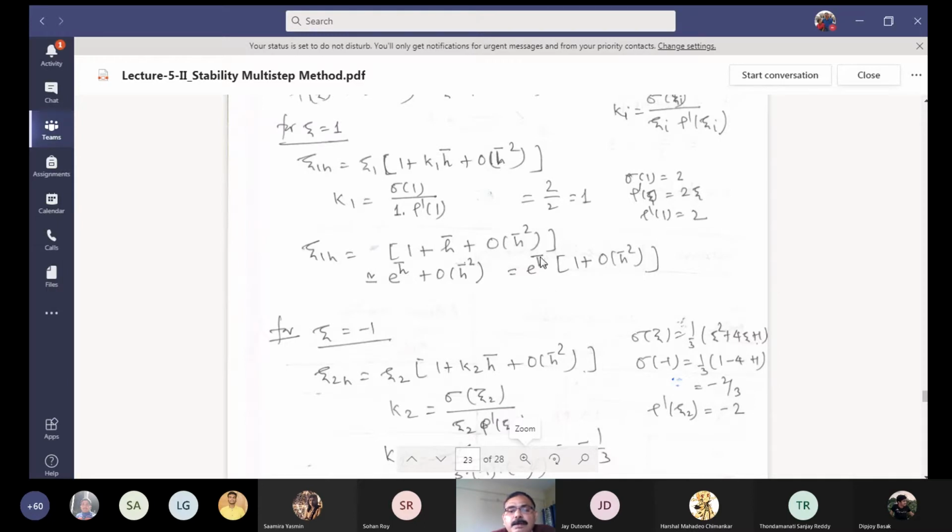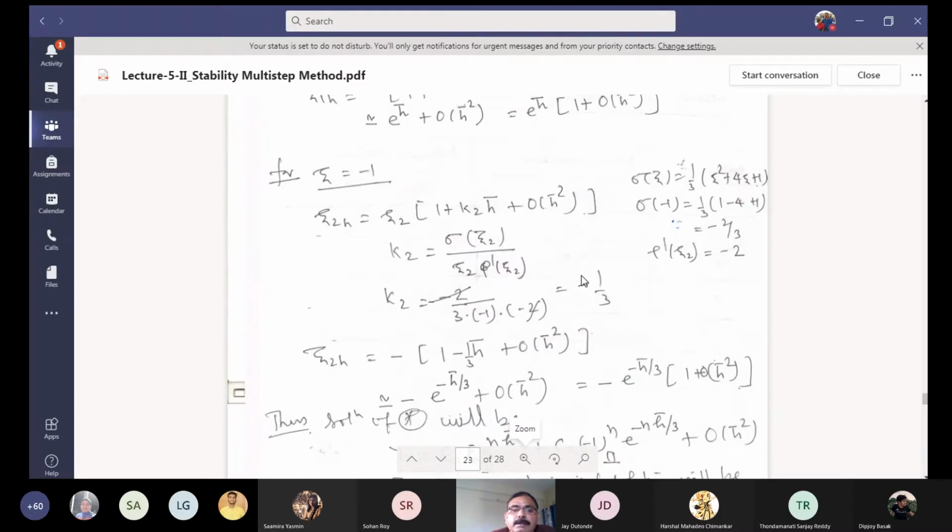So we may take e to power h bar out, and what remains is 1 plus capital order h square. That's the reason e to power h bar is taken out, 1 plus capital order h square.